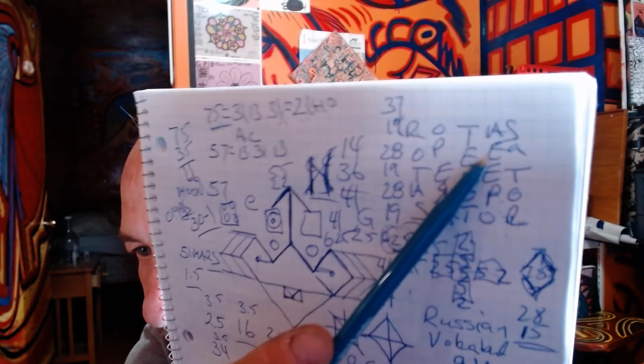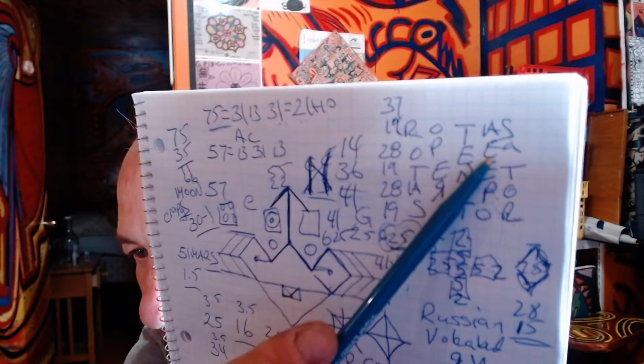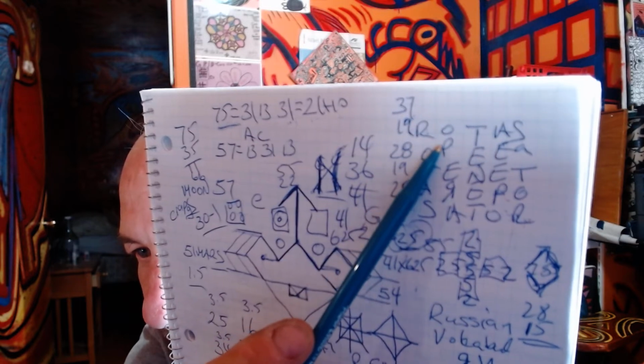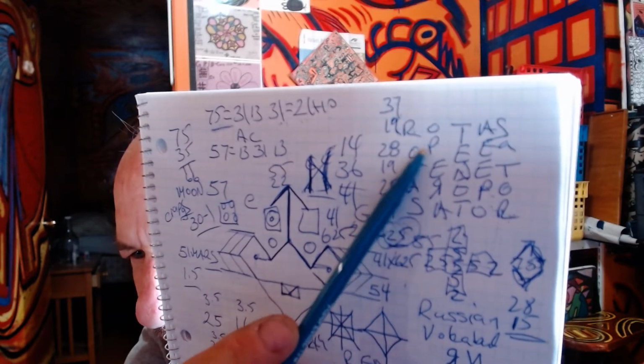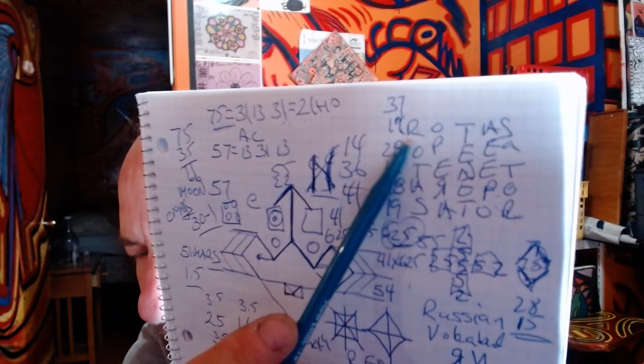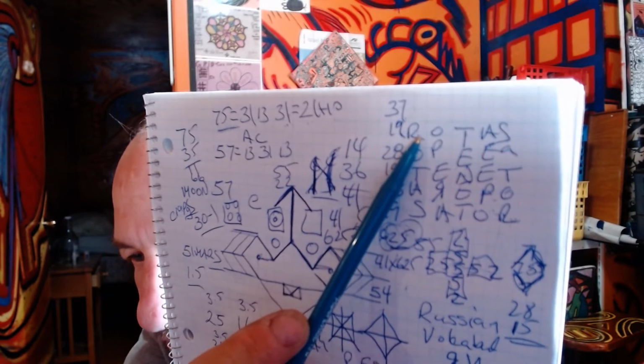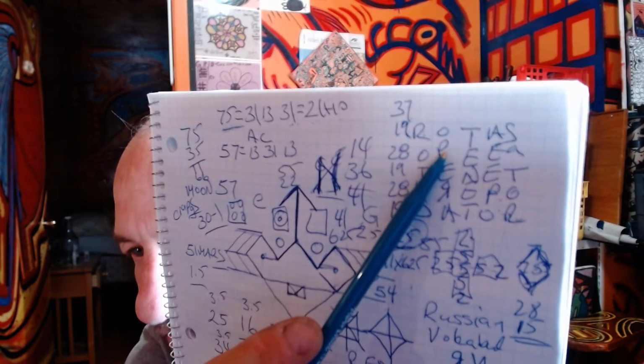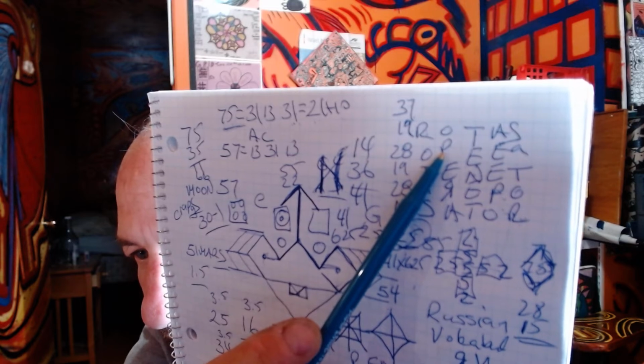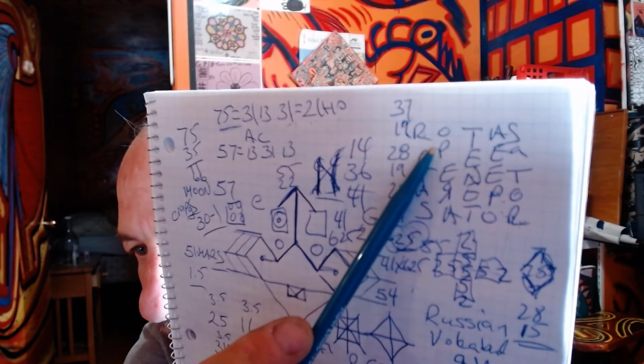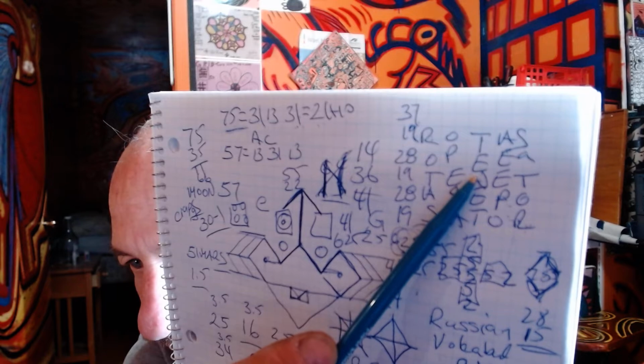And then from here to here, it becomes 1 and 5 becomes 6. So this becomes 7 and 9, because this is the 18th letter. 1 and 8 equals 9. This is the 16th letter. 1 and 6 equals 7. Okay? So we add them together as 16. It becomes 7. 7, 5, the moon.